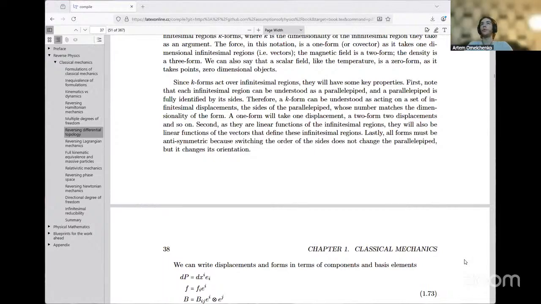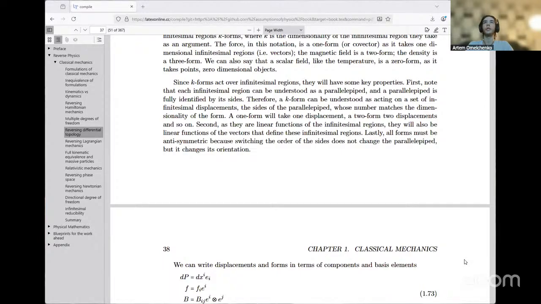Since K-forms act over infinitesimal regions, they will have some key properties. First, note that each infinitesimal region can be understood as a parallelepiped, and a parallelepiped is fully identified by its sides. Therefore, a K-form can be understood as acting on a set of infinitesimal displacements, the sides of the parallelepiped, whose number matches the dimensionality of the form.